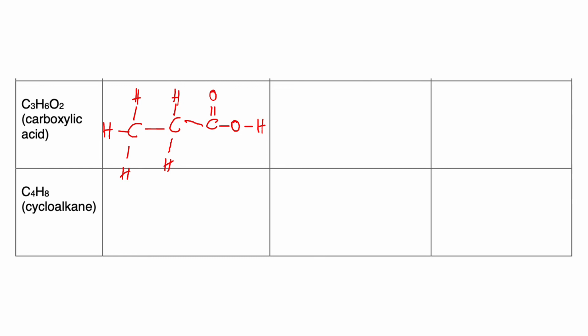Okay, how about this condensed? The condensed will be CH3, CH2. This one you can just write directly like this. COOH. Do we need brackets, Madam? Usually for carboxylic acid, no brackets needed. Okay. And then how about this one, carboxylic acid?